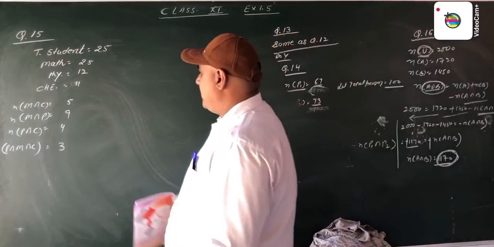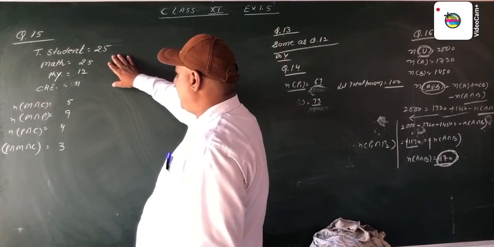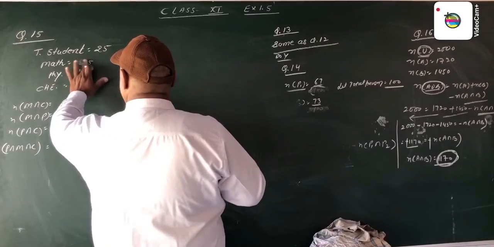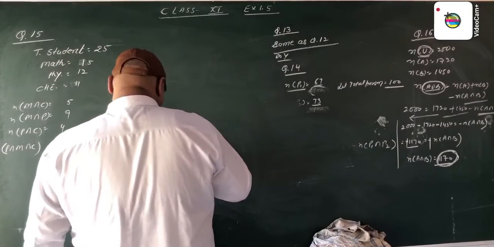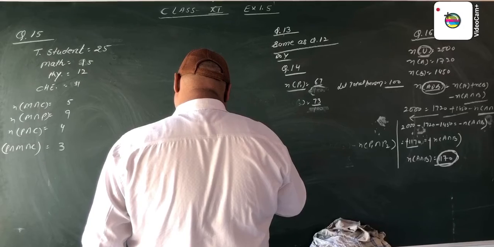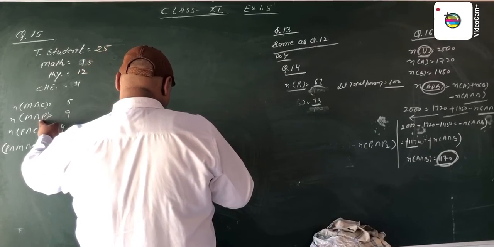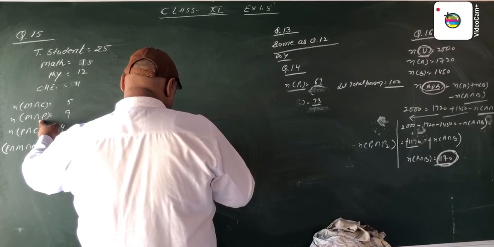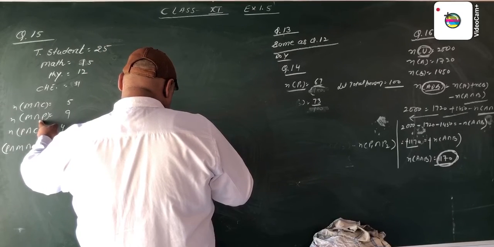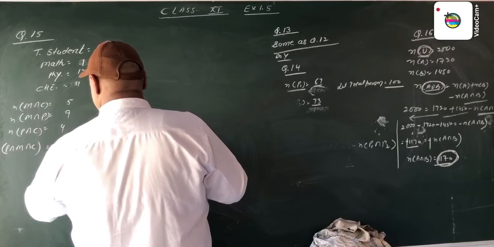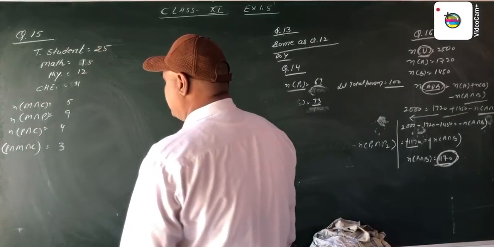Total students we are given is 25, math students are 15, physics 12, chemistry 11, 5 have taken math and chemistry, 9 have taken mathematics and physics, physics and chemistry is 4 students, and 3 have taken all 3 subjects.